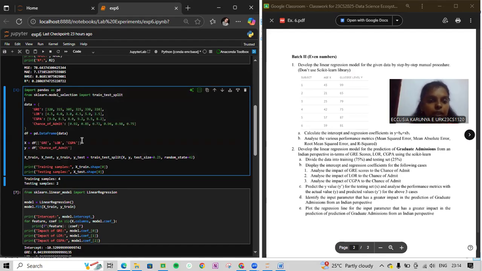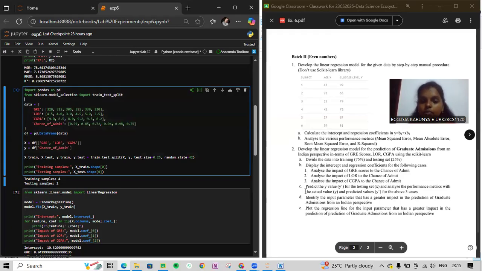Then we need to separate the input values. The input values are GRE, LOR and the CGPA. The output values are chance of admit. Then we need to split the data set into training data, which is 75%, and the testing data, which is 25%. Then we are going to print the training samples and the testing samples.